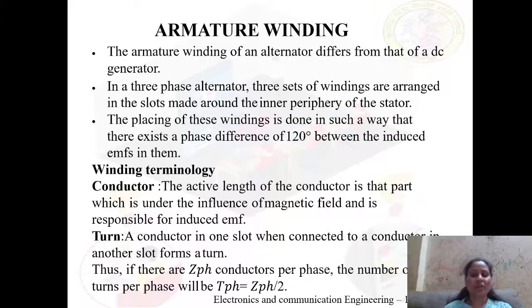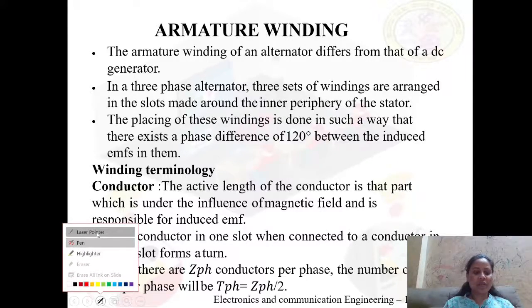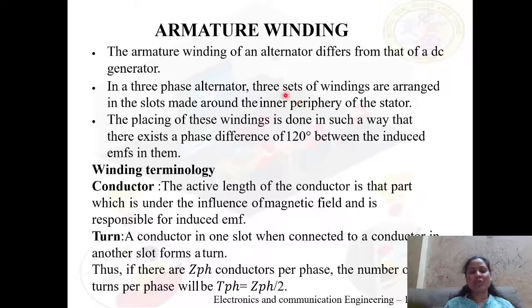Okay, so the concept of armature winding. Actually, winding is nothing but a number of conductors which are combined together in a specific manner. So we say the armature winding is nothing but the number of conductors arranged in a specific manner.